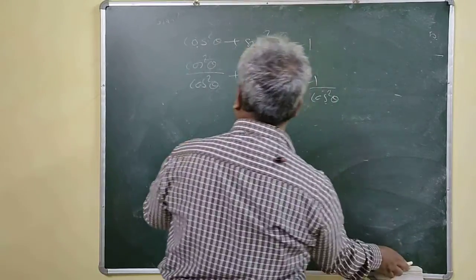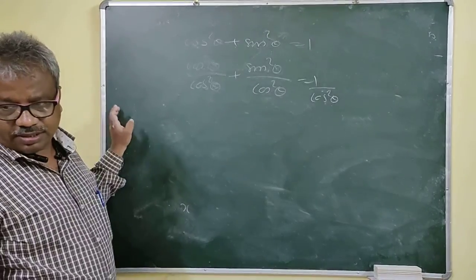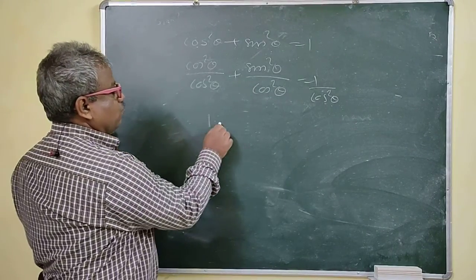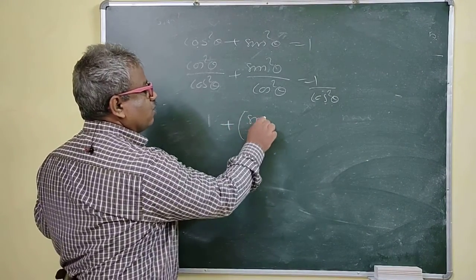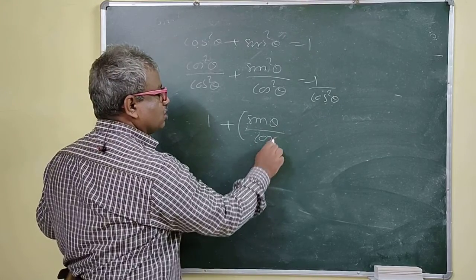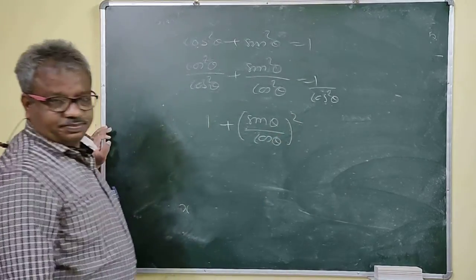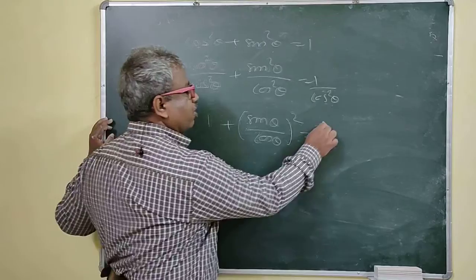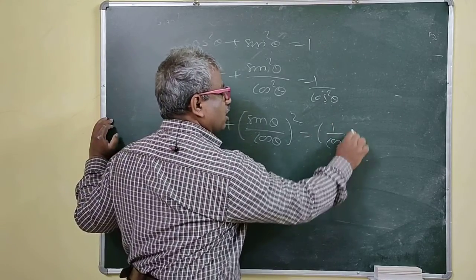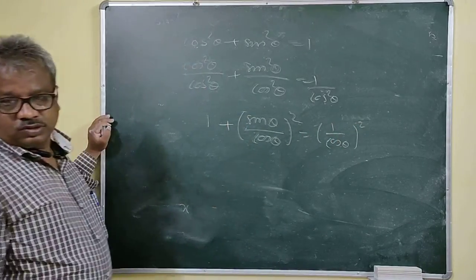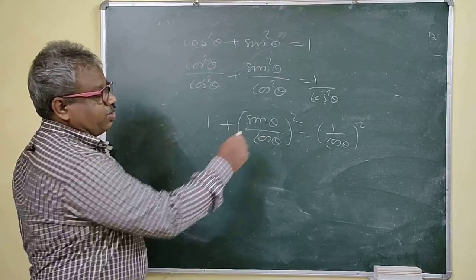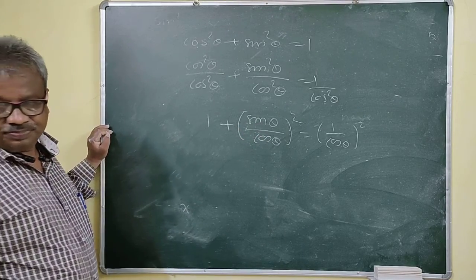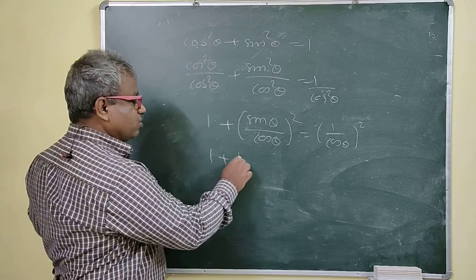Now here cos square gets cancelled, so this is 1 plus sin theta upon cos theta whole square, and this is nothing but 1 upon cos theta whole square. We know that sin theta upon cos theta is tan theta.